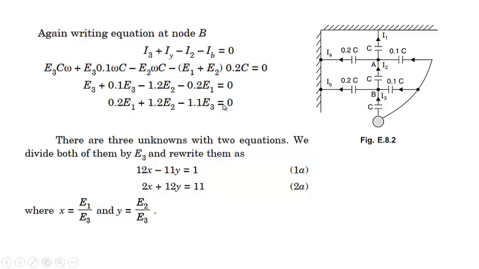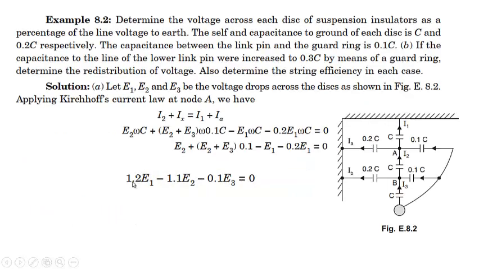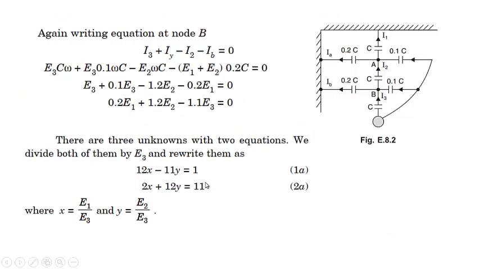Then I will take E1 by E3 is equal to X and E2 by E3 is equal to Y. Then the first equation becomes 12X minus 11Y is equal to 1. Similarly, this will become twice X plus 12Y is equal to 11.